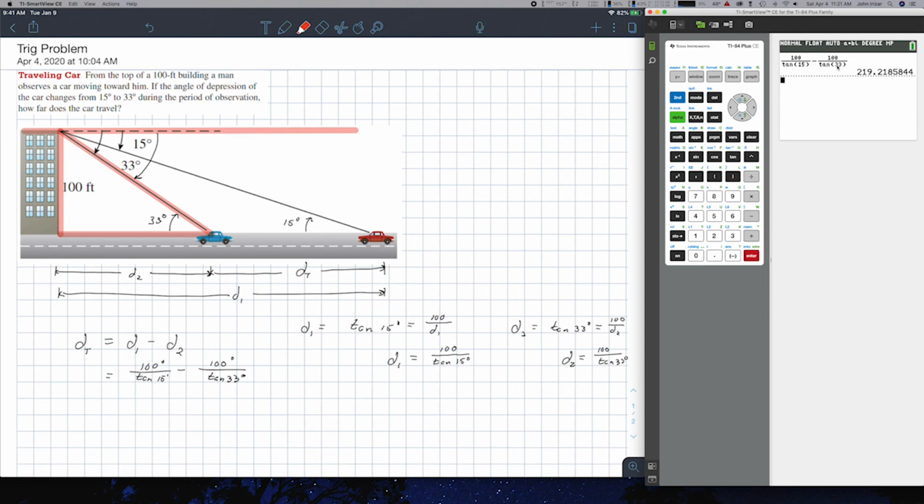This way, doing it all in one step, I minimize the round off error. So we get a total distance of approximately 219.2 feet.